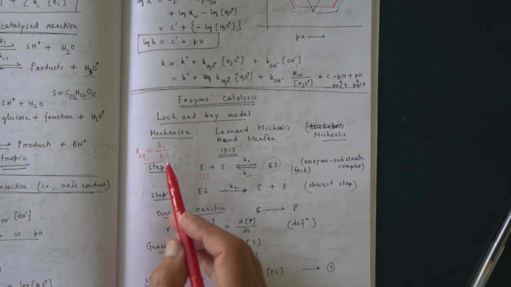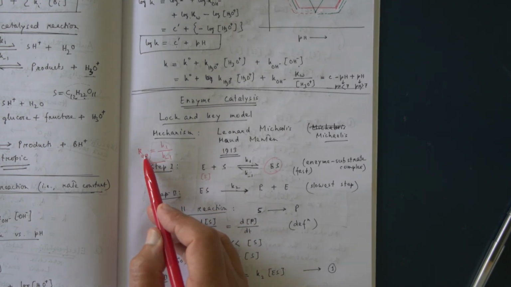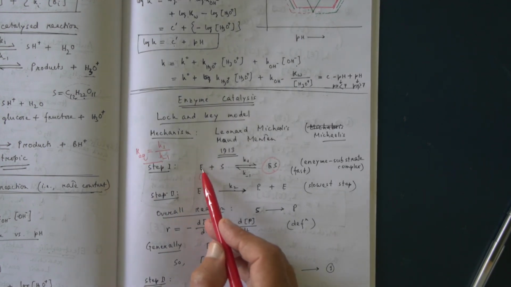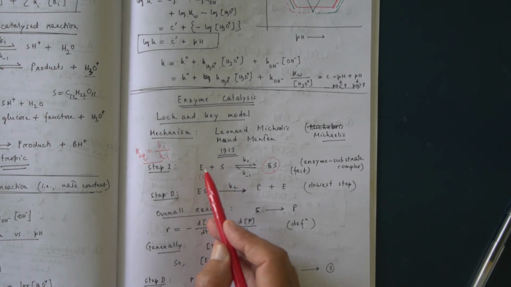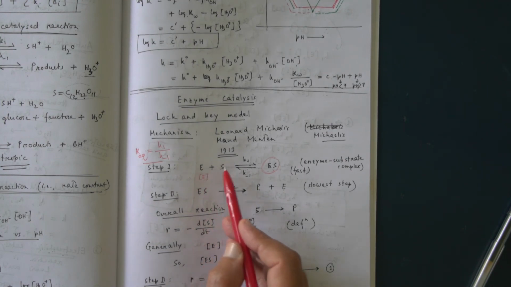Ultimately, equilibrium constant more means affinity between enzyme and substrate is more.